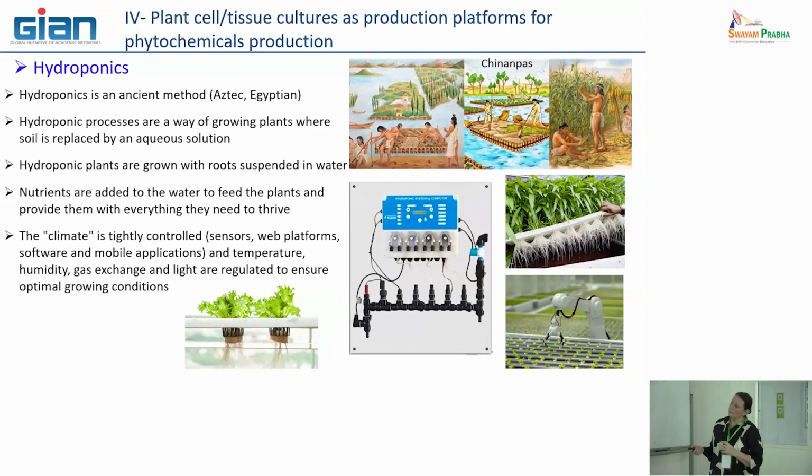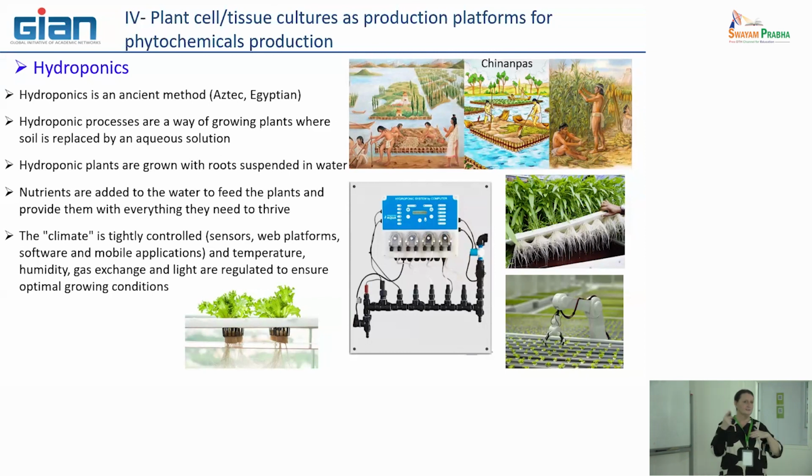So here you can observe that your plants are growing on a substrate, sometimes a synthetic one, but what is interesting is that all their root systems are completely free, and they can be in contact with the water.